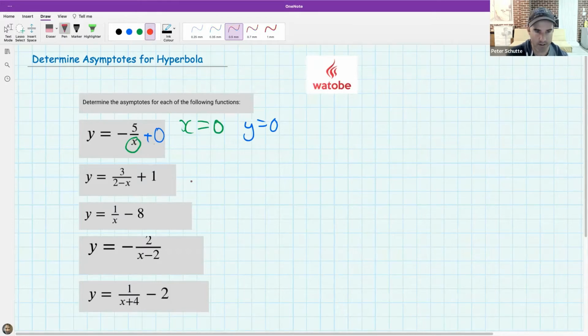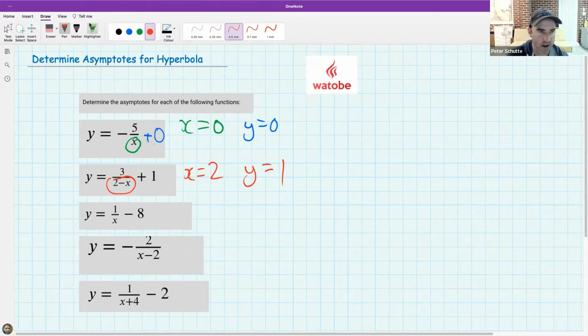For the second one, the x asymptote is going to be the number that causes division by 0 over here, which is a plus 2. Basically, it's going to end up being x equals 2. And then over here, the y asymptote is y equal to 1.